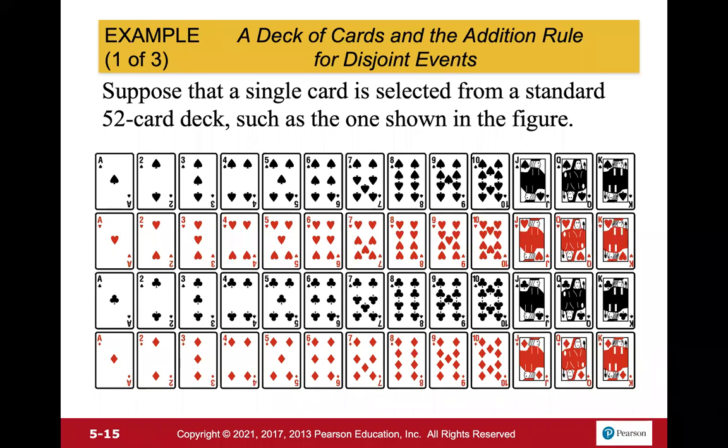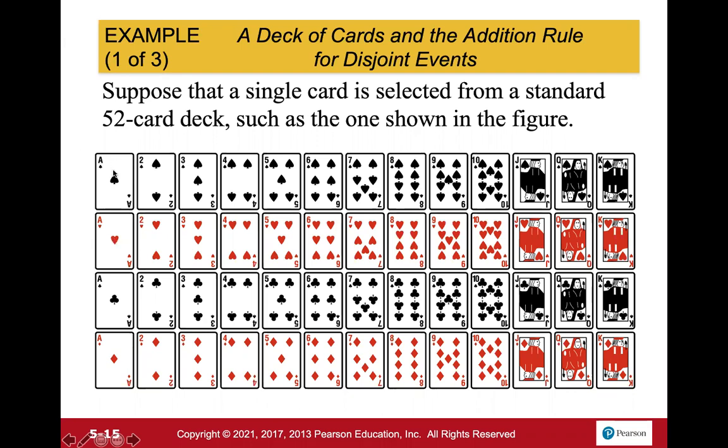All right, so now suppose a single card is selected from a standard deck of cards, such as one of these right here. So just to give you a quick little recap, if you guys don't know anything about cards, a standard deck of 52 cards has 4 different suits. So we have the suit of spades, hearts, clubs, and diamonds.